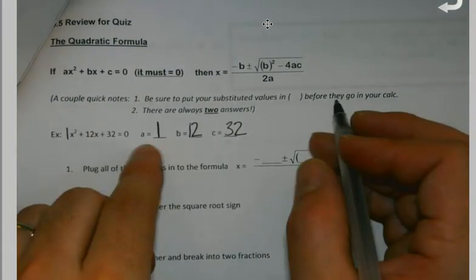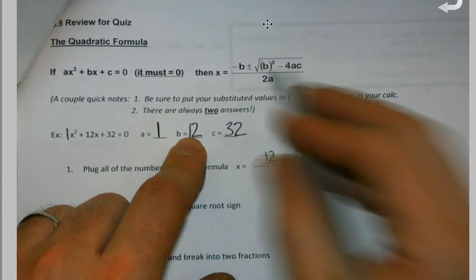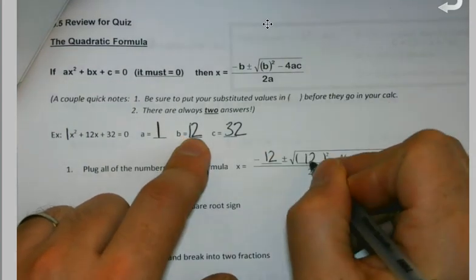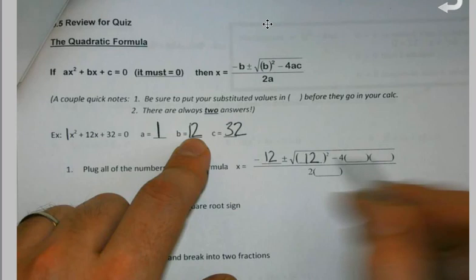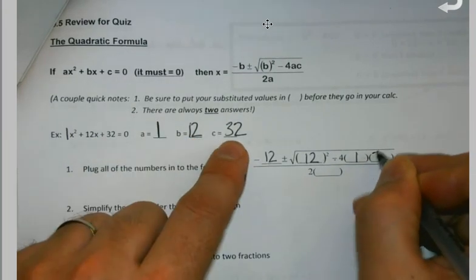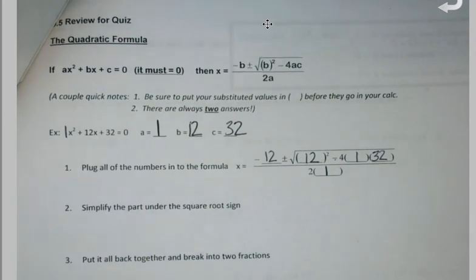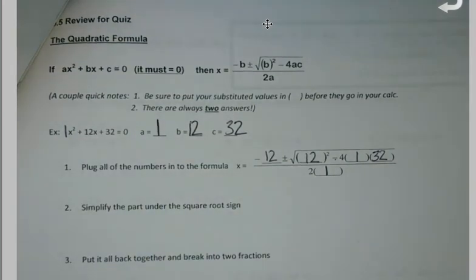So it's negative b plus or minus the square root of b squared, again, parentheses, minus 4ac all over 2a. Now again, I don't have a way to plug this directly into the calculator, the whole thing. So I got to do pieces.